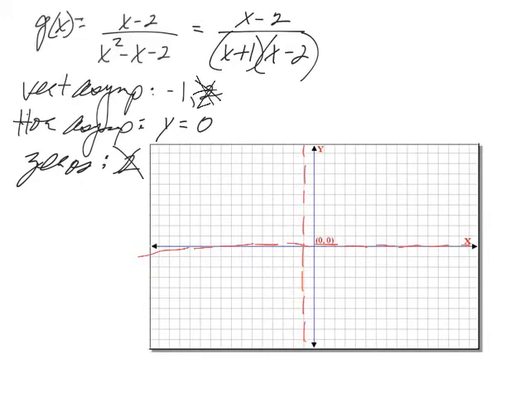Okay, and we can plug a number in order to find out what our y-intercept is. We're going to put in 0 for our x's here because that'll give us our y-intercept. So 0 minus 2 is -2, and that will be over 0 squared minus 0 minus 2.